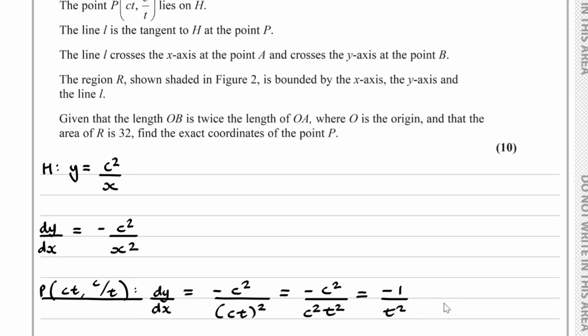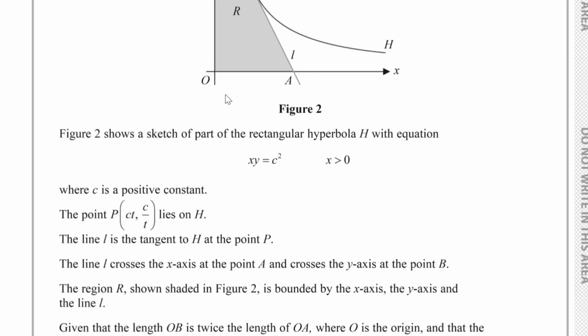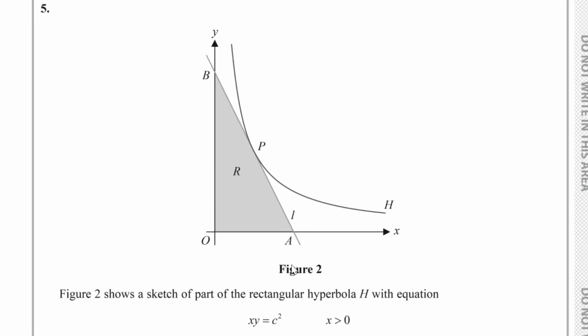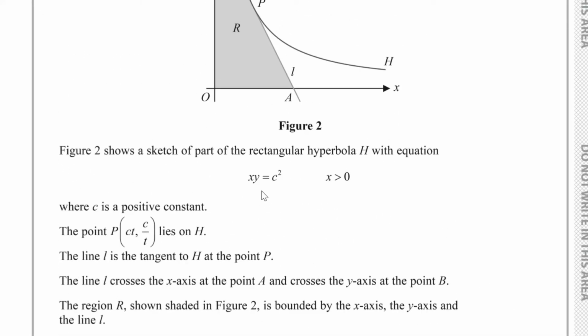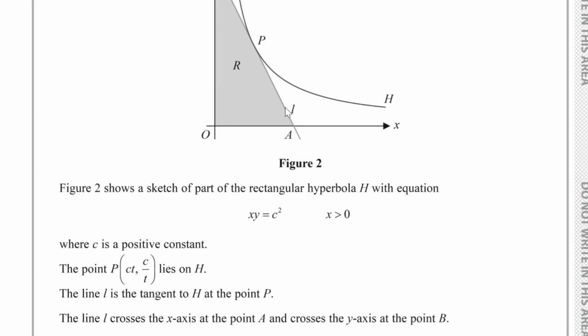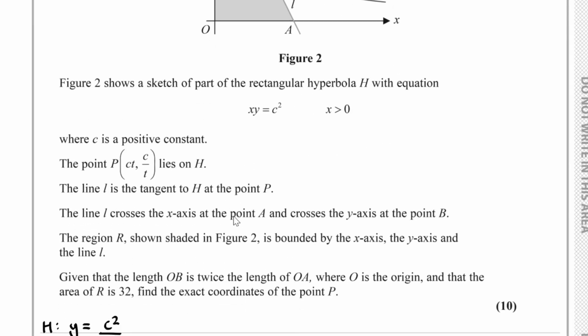Therefore the gradient of the tangent is equal to minus 1 over t squared. With this we can find out the equation of the line, and from that we can find out the coordinates of A and B. That will be useful for us to find out the value of c and t, and we also know that OB is twice OA.